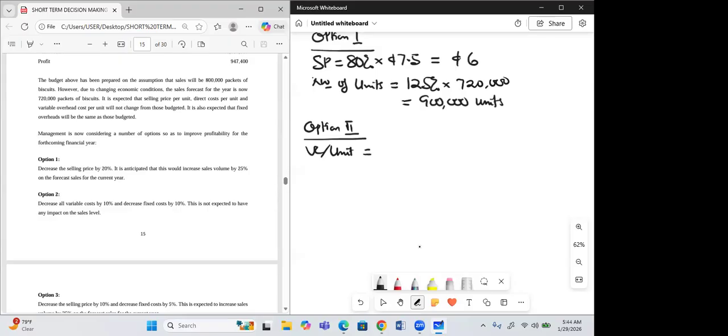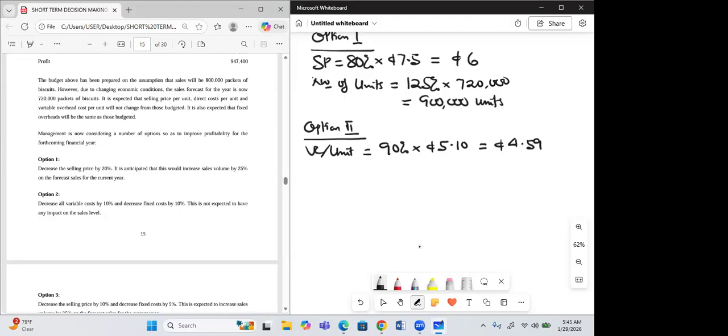So we should decrease it by 10%. 90% gives 4.59.